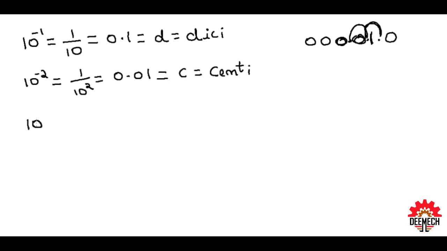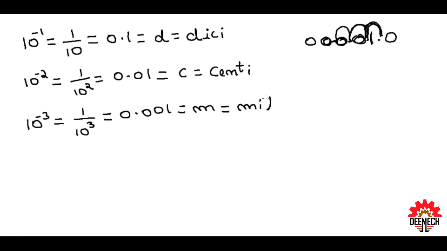Third one is 10 to the power of minus 3. It is 1 by 10 cube. So from 1.0 I have to shift the decimal point 1, 2 and 3. Now it has become 0.001. It is denoted by small m, that is milli.